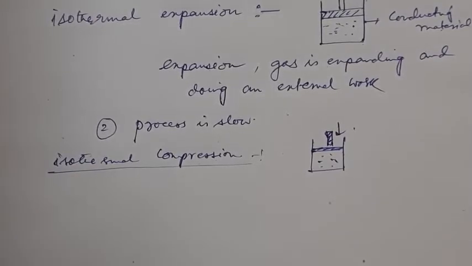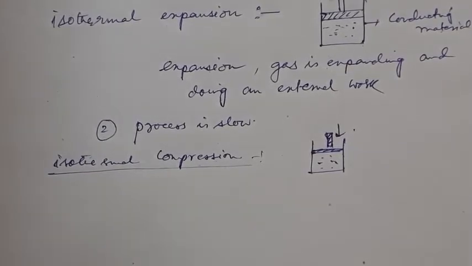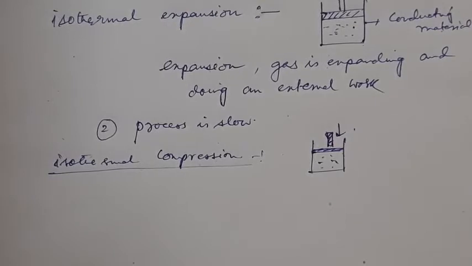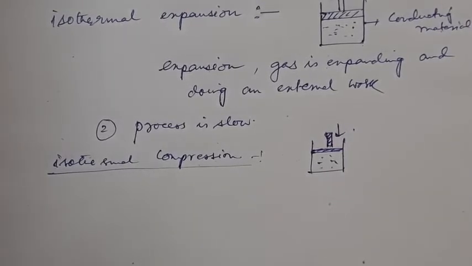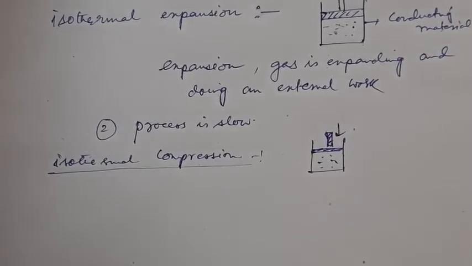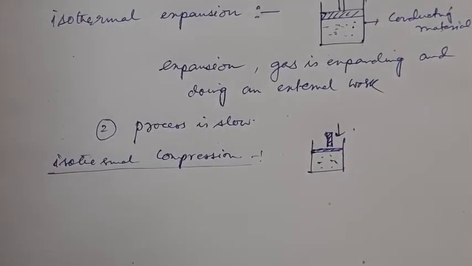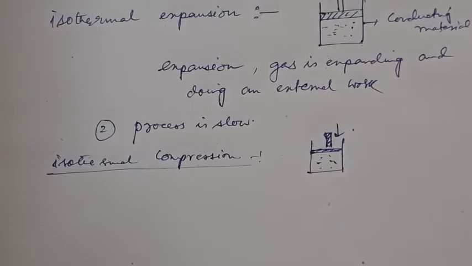Here, there is an increase in the heat content, so heat is going to be released to the surroundings. Slow process, conductive material, that is metal. So heat will be transmitted to the surroundings to keep the temperature constant again. Such things are known as isothermal compression.